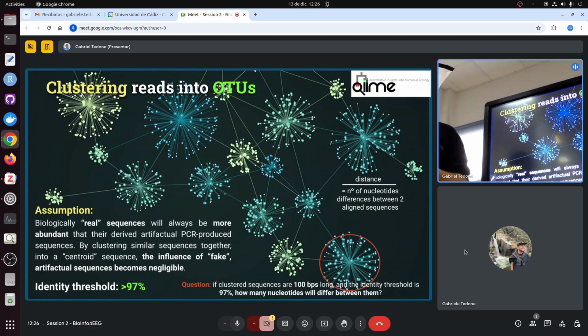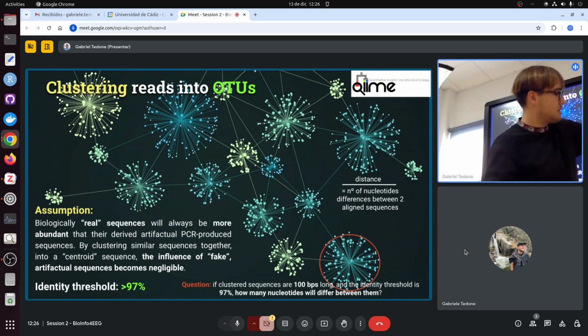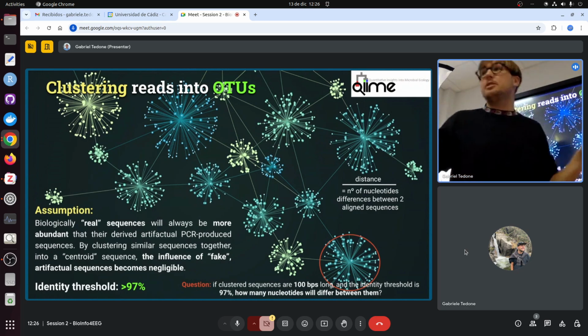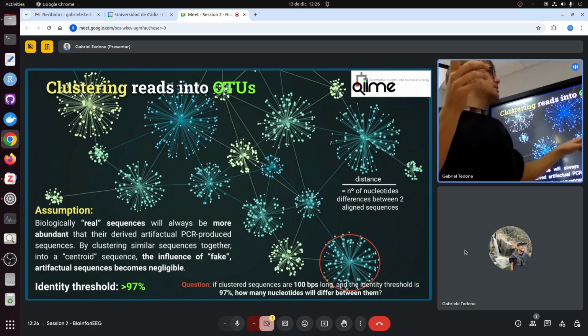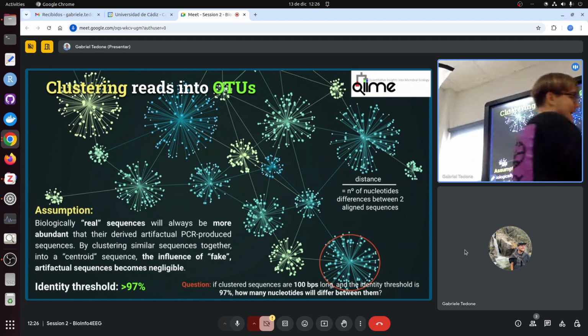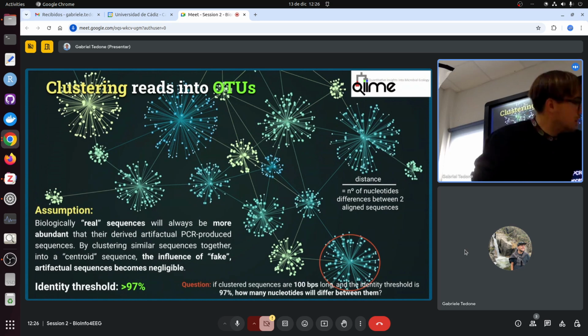So I'm going to ask you a question to see if you got the main idea of clustering right. Imagine these are all similar sequences that are 100 base pairs long, 100 nucleotides. If we cluster at 97% identity, what is the maximum number of differences between all of these sequences within this red circle?